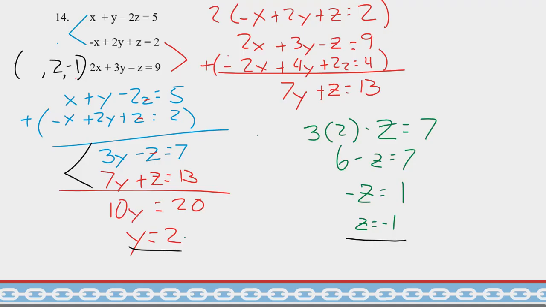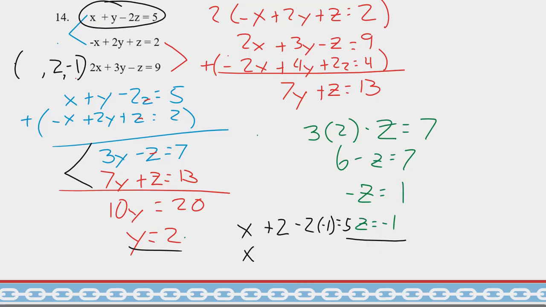Kind of running out of room, but we're going to be okay. X plus y minus 2z equals 5. I'm going to use x. I don't know x, right? But I do know y and z. X plus y, which I know is 2, minus 2z, which I know is negative 1, equals 5.